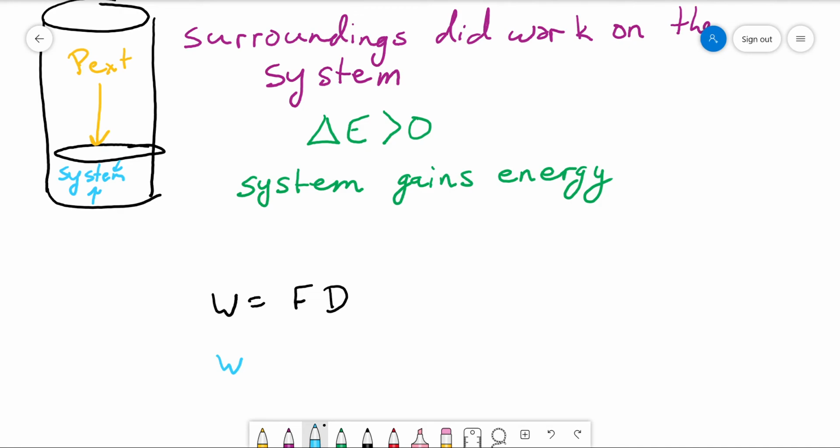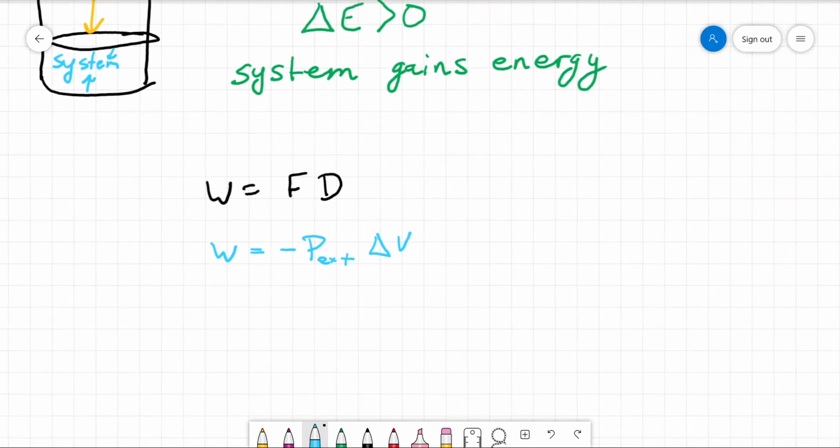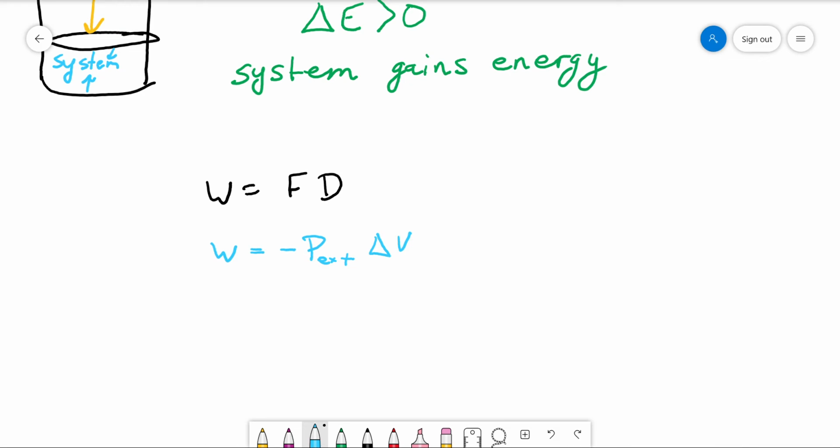We do have a volume change and we have a pressure. Now, we can relate those to force and distance through some algebra, and it really is just algebra. But this is what we come up with. Work is equal to negative P external times delta V.